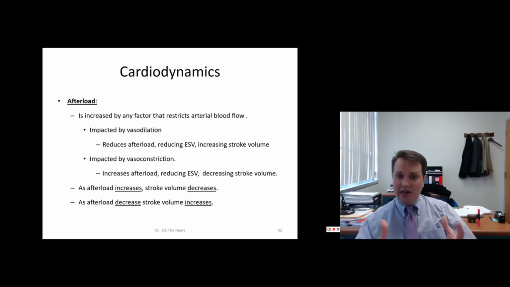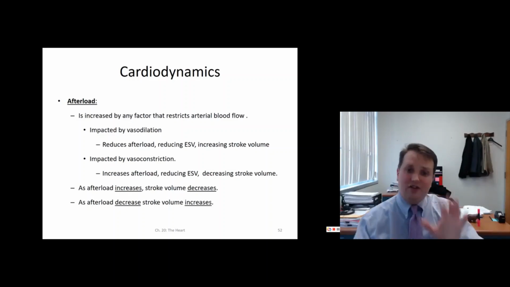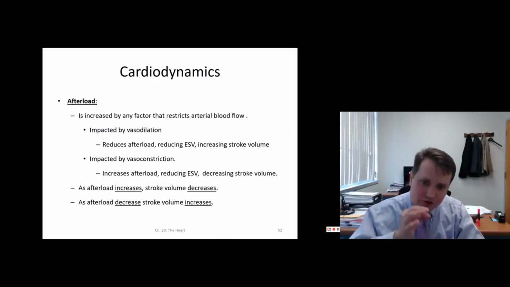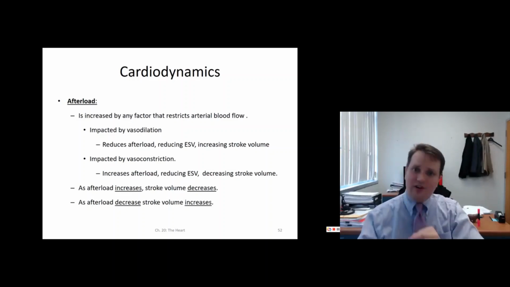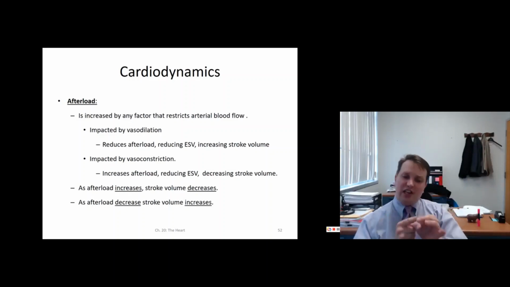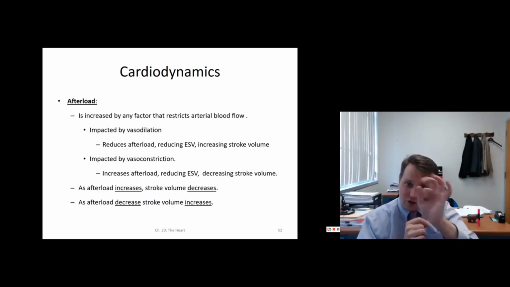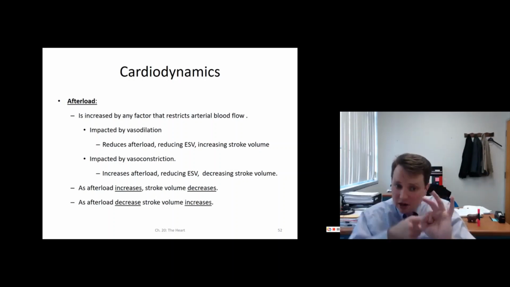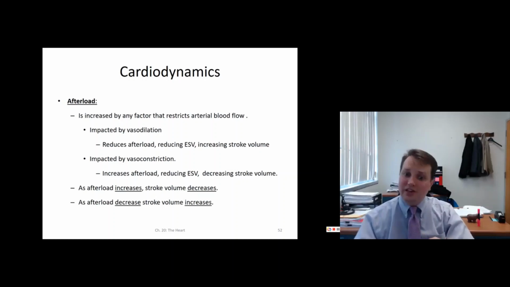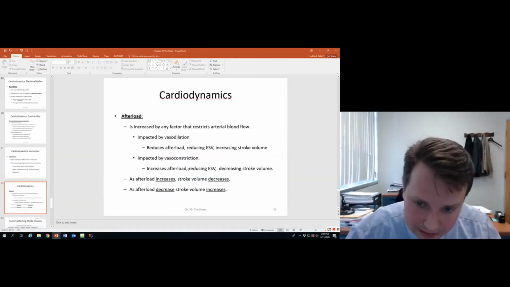But if you vasoconstrict, it's going to be harder to get blood out. Think about trying to drink from a very skinny straw versus a larger straw. Very easy with the larger one. A very skinny straw is hard to move blood through, like a blood vessel that's being constricted. It's going to increase the afterload, which means your ESV is increased.